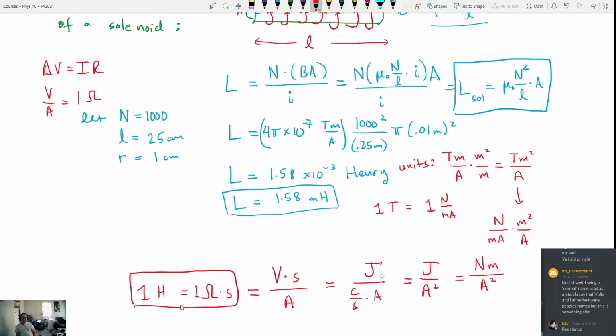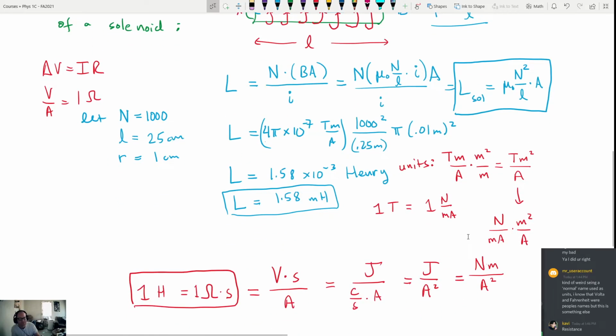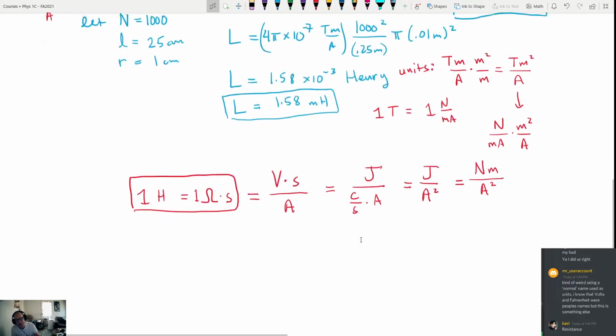What does a Henry measure? It is going to measure how much your circuit is going to resist your attempts to change the current, basically. Now I want to write one more equation down for you.